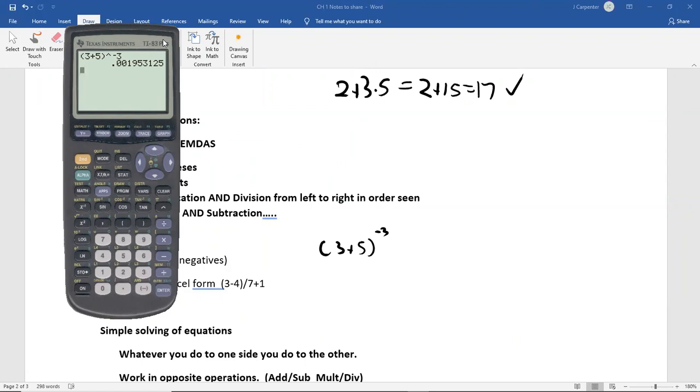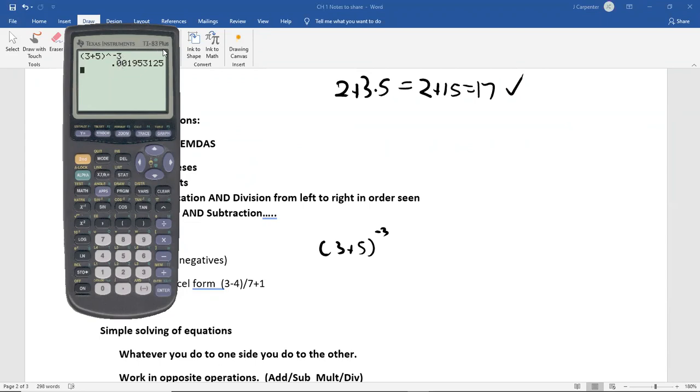But this is another case of, depending on your calculator, if you typed everything in that order, you might not get that answer. Some calculators, you have to hit the negative after the 3. So when I typed this -3 right here, there are calculators where you have to type the 3, then the negative. My calculator, I type the negative, then the 3.